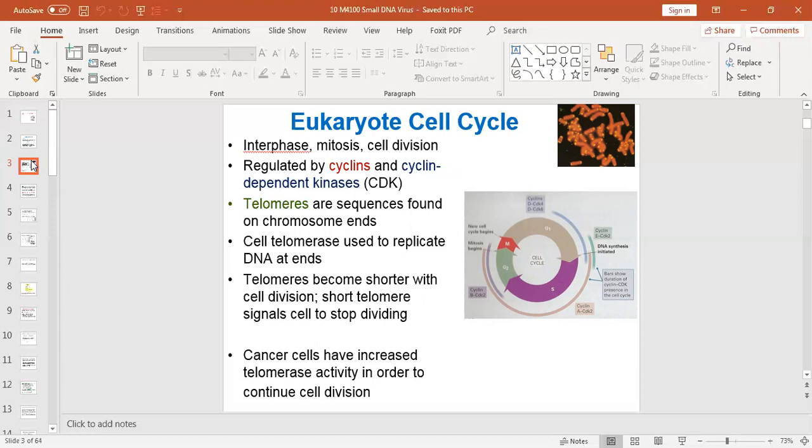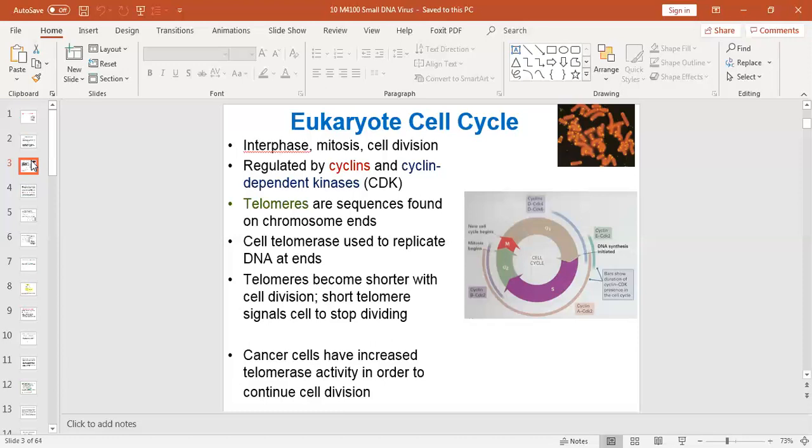The cell cycle has 4 phases: G0, G1, when the cells are resting; S phase, when the cell is getting ready to synthesize its own DNA and double the amount of DNA; G2 phase, and starts mitosis; and M phase is when mitosis is completed and we have 2 daughter cells.